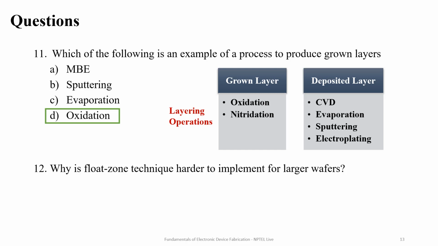On the other hand, in a deposited layer, we externally deposit using the chemical vapor deposition process or using physical evaporation, sputtering, or electroplating. You should note the words grown layer or deposited layer. The answer sputtering would have been correct if it was a deposited layer. For a grown layer, we can use either oxidation or nitridation. So is that clear?